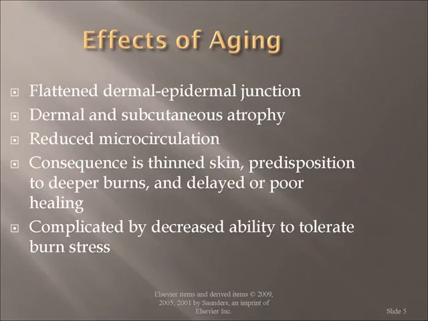Thin becomes paper thin. There's a predisposition to deeper burns. There's a delay or significantly poor healing. And then, of course, this is complicated by a decreased ability for patients to tolerate a burn stress as they age. And having thinner skin increases the burn depth.